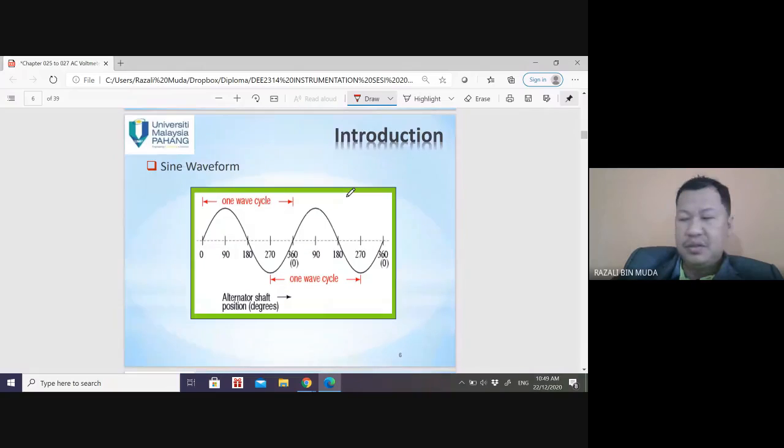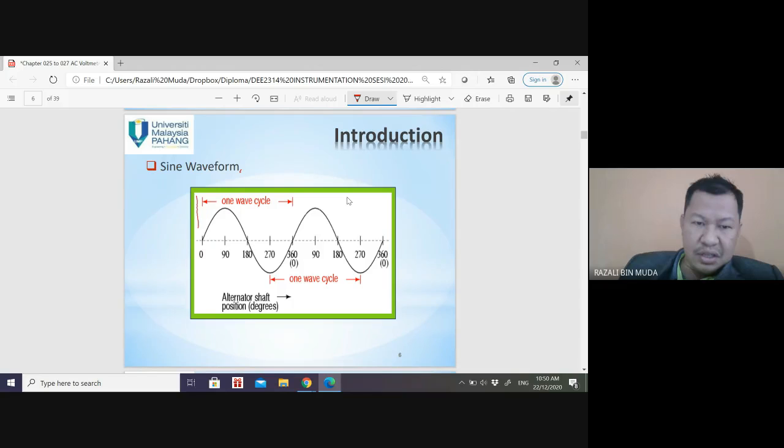So what is AC? The most simple AC signal is the sine wave. This is a typical sine wave signal.